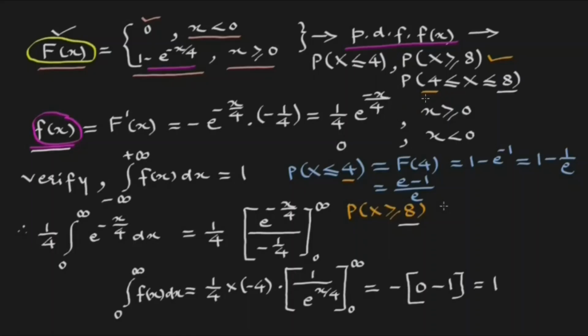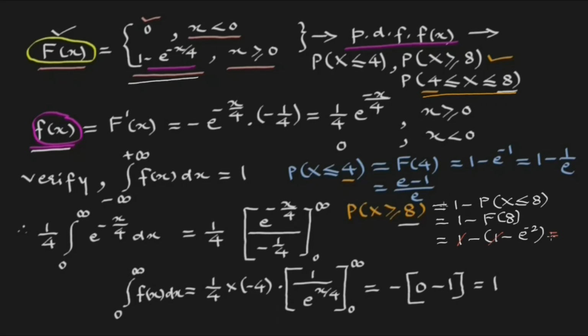Since the sum of probabilities is 1, the probability of x greater than or equal to 8 will be 1 minus the probability when x is less than or equal to 8, that is 1 minus F(8), which is 1 minus, substituting x in here, 1 minus e raised to minus 8 upon 4, that is minus 2. 1 minus 1 is 0, and minus into minus is plus. e raised to minus 2 is 1 upon e square. So this is the probability when x is greater than or equal to 8.